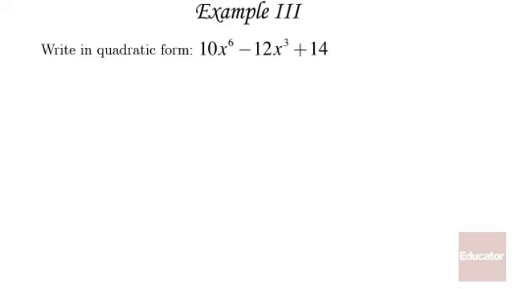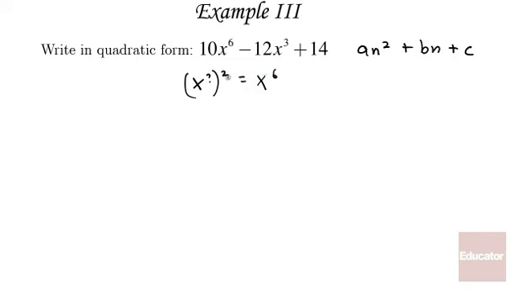Okay, now I'm asked to write this polynomial in quadratic form. So recall that quadratic form is an squared plus bn plus c. Here I have x to the 6th. So I want to define some variable, assign it a certain value, and then square it. So x to the something squared equals x to the 6th.